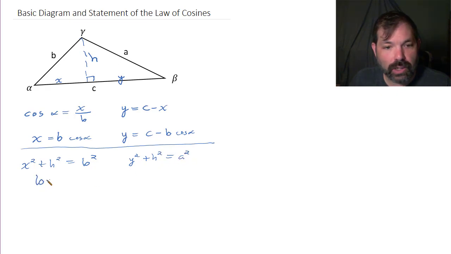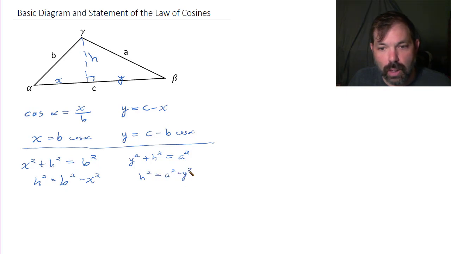So h squared is b squared minus x squared, and similarly, h squared is a squared minus y squared. If h squared is one thing and h squared is another thing, we can set them equal to each other: b squared minus x squared is equal to a squared minus y squared.